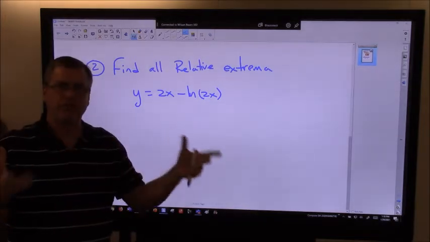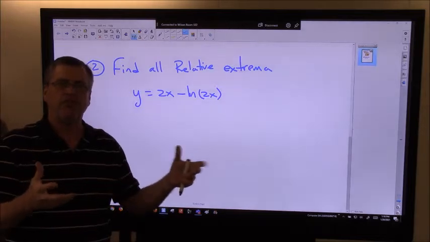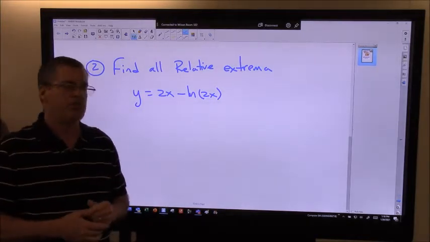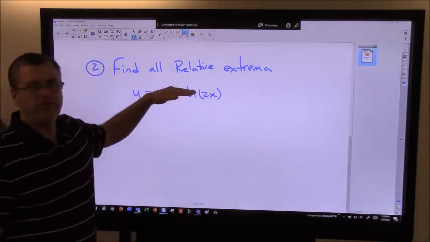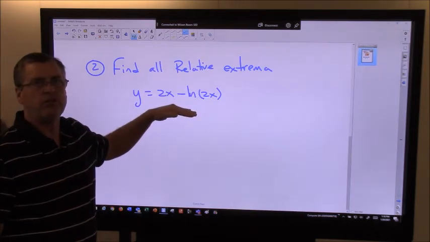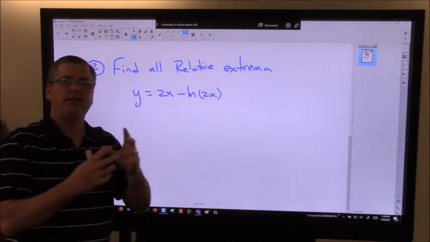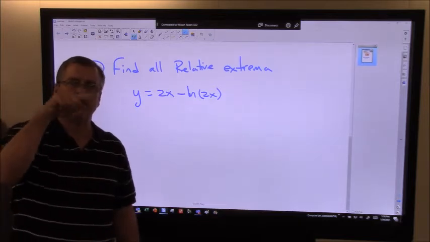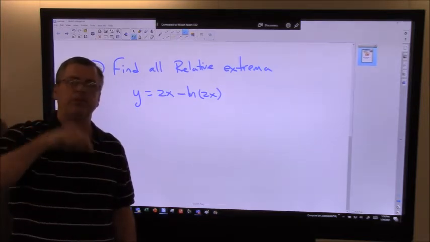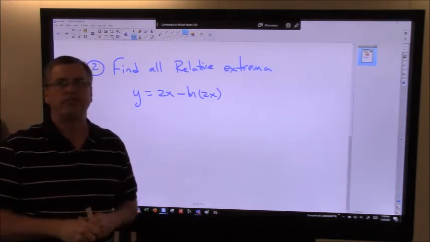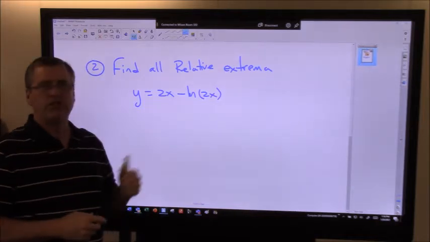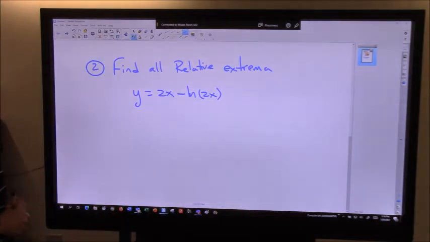One is you just do the first derivative test, which we should all feel comfortable with. The second thing is you do the first derivative, find out where things are set equal to 0, your critical numbers, and then take the second derivative to decide if it's concave down or concave up. Either way is fine. All right? You guys go ahead and try it.